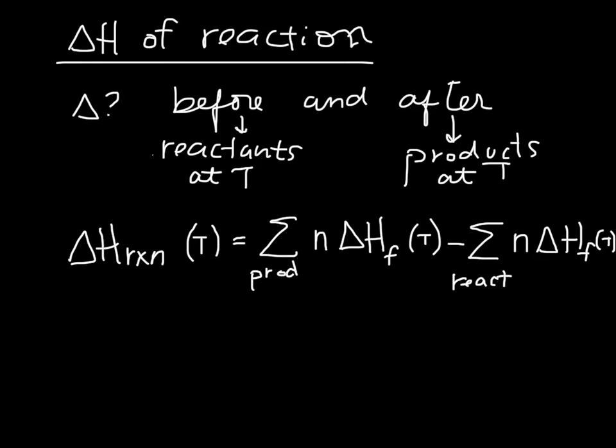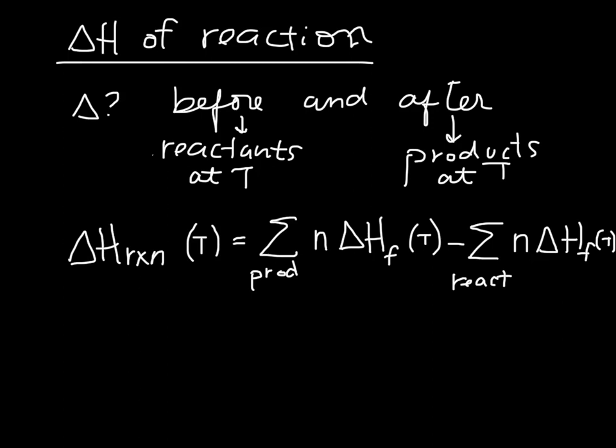Now if we have just pure elements, then delta HF is 0. If you don't know delta HF at this temperature, then you use the approach that we just talked about to determine this as a function of T.